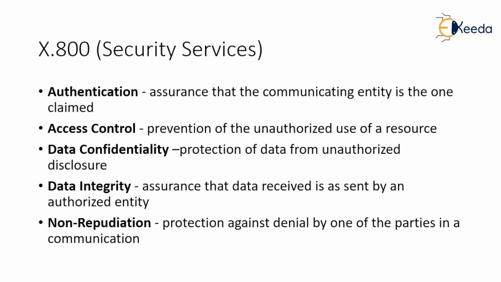But a student of the same institute will not have the privilege of accessing the data of the accounts department, the faculties, or the principal. That means the control rights are provided depending upon the role of a particular person. And that is the access control which prevents the unauthorized use of the resources.